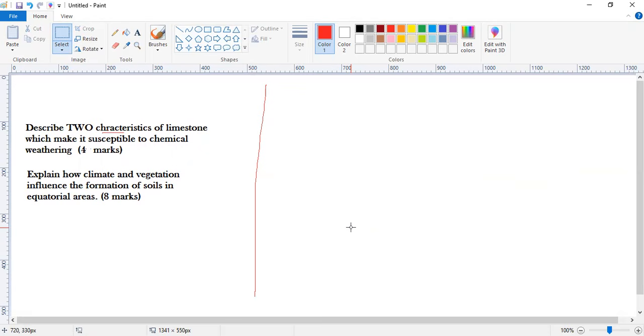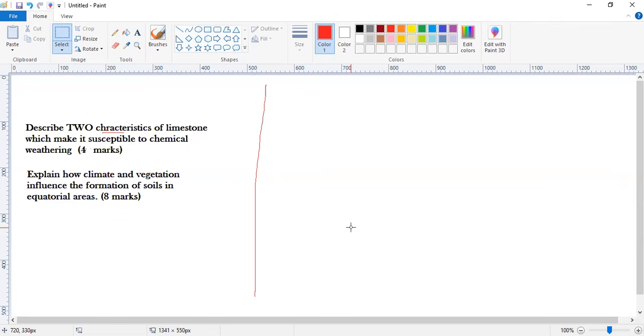Remember, limestone is a particular type of rock that we study because it is common in the Caribbean. And so for this question, it says describe 2 characteristics of limestone which make it susceptible to chemical weathering.